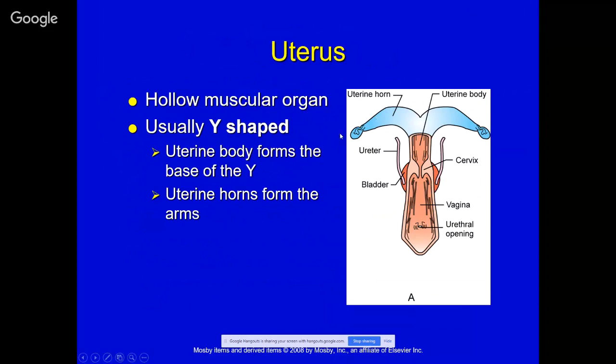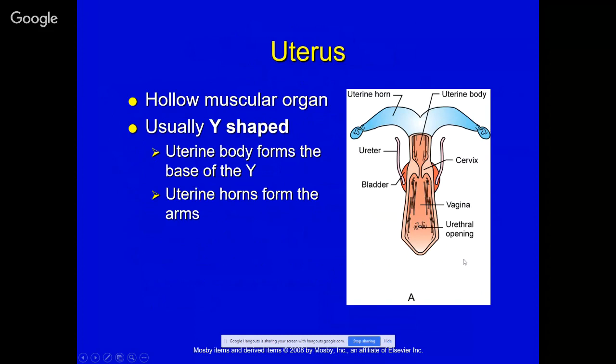They're at the end of the uterine horn, and here is the uterus. And this is a litter-bearing animal, so we have uterine horns and then a body of the uterus. The uterus is a hollow muscular organ. Usually it's Y-shaped, especially within litter-bearing animals. The uterine body forms the base of the Y. The uterine horns form the arms.